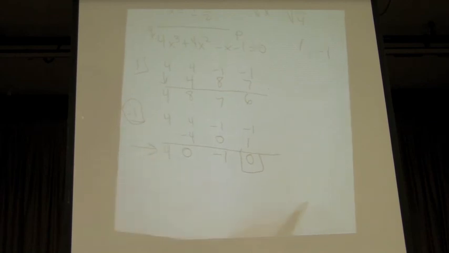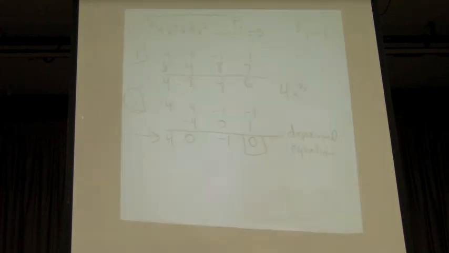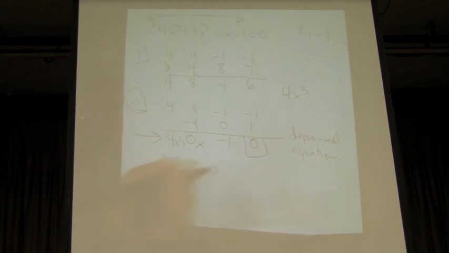This line right here is called the depressed equation. This is 4x squared plus 0x minus 1. In other words, it's 4x squared minus 1. Can you see how we can find the other 2 solutions? Add 1, divide by 4, take the square root, and don't forget plus or minus.